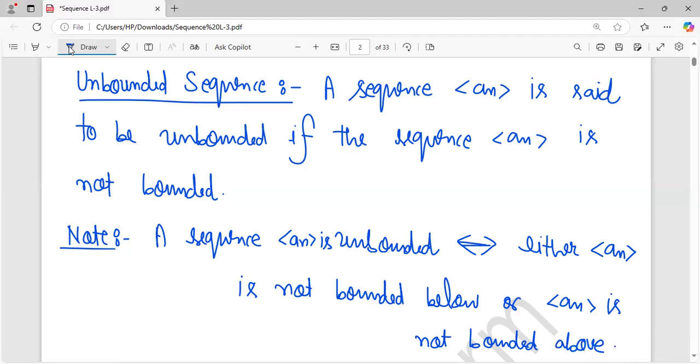Because we know that if a sequence is bounded, it is both bounded above as well as bounded below. So if a sequence is not bounded, it means it is an unbounded sequence. Either it will be not bounded below or it will be not bounded above. That is why it is unbounded.